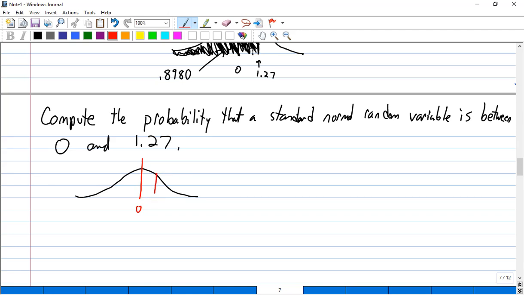So it's going to be somewhere around here. What I'm trying to do is find the area between the two. That will correspond to the probability between the two. Now, our tables are always cumulative from left to right if we use Table A and Table B.